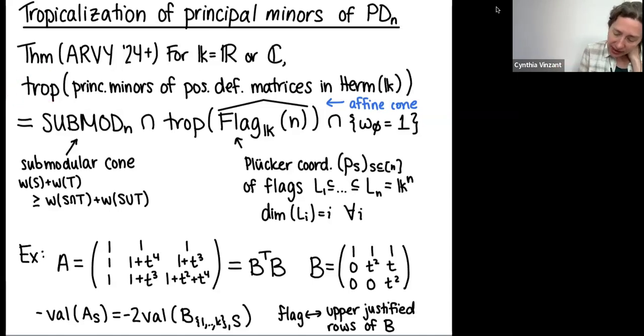And what this is saying is that this is up to details equal to the tropical flag variety. And the element of the flag variety that we would associate to this is really the flag given by the upper justified rows of this matrix B. So here we would take a 1-dimensional linear space spanned by the all ones vector, a 2-dimensional linear space spanned by the first 2 rows of B, and the 3-dimensional linear space spanned by all 3 rows of B.